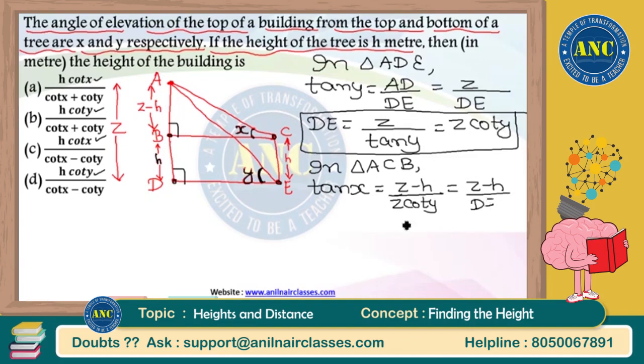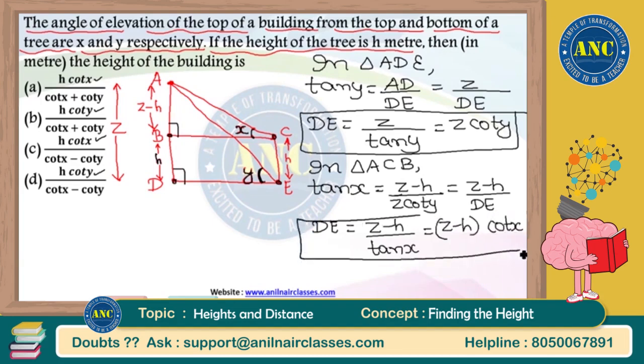So this is my second equation: DE is equal to Z minus H divided by tan X, or don't keep it in terms of tan, express it in terms of cot. It is cot X into Z minus H. So the DE value is Z cot Y in the first equation. The same DE value is Z minus H into cot X in the second equation.